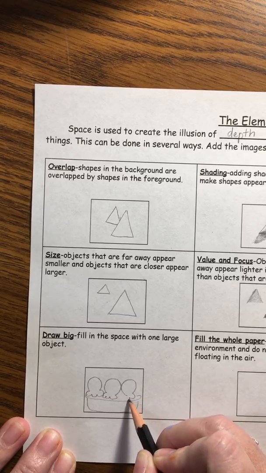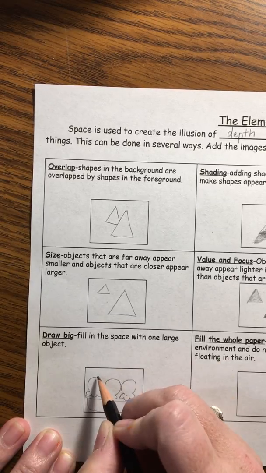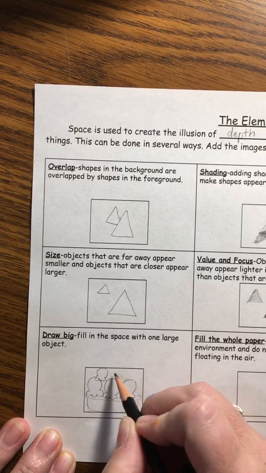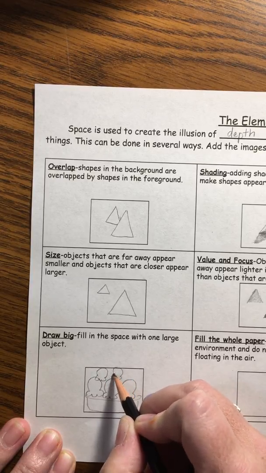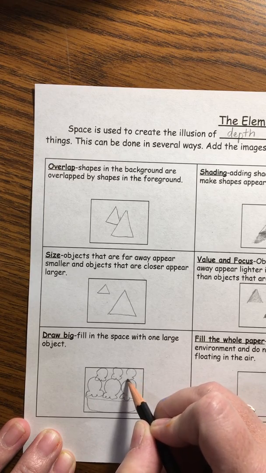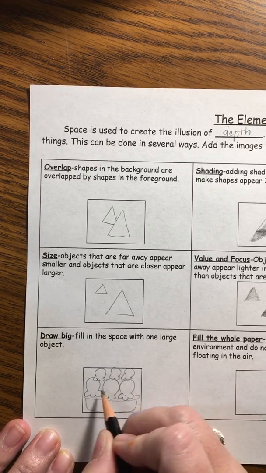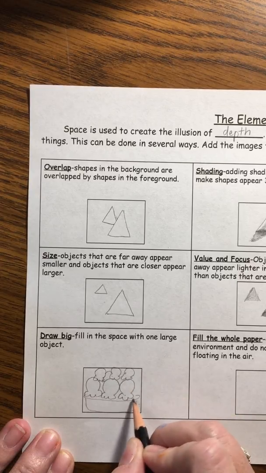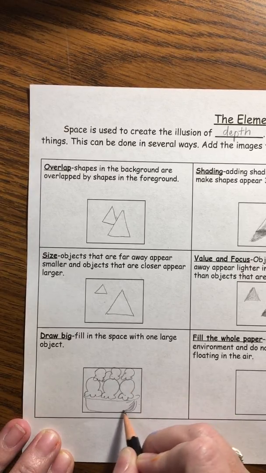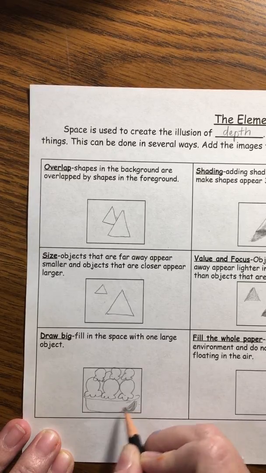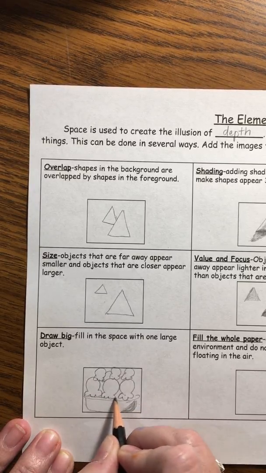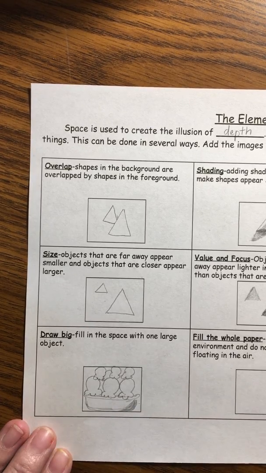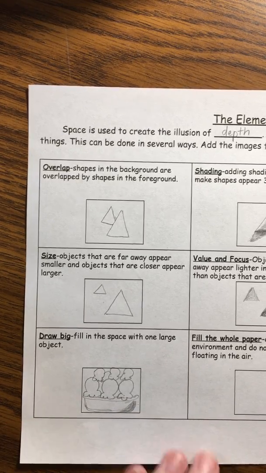I'm just drawing really quickly. And then I'm just going to keep going because I want to fill in this whole space with what I'm drawing. So doing this creates a sense of depth because you've got all this space filled in. And then you can go back and add some shading as we talked about on the other sections. That just adds a little bit more to it. So this is another way to create depth.